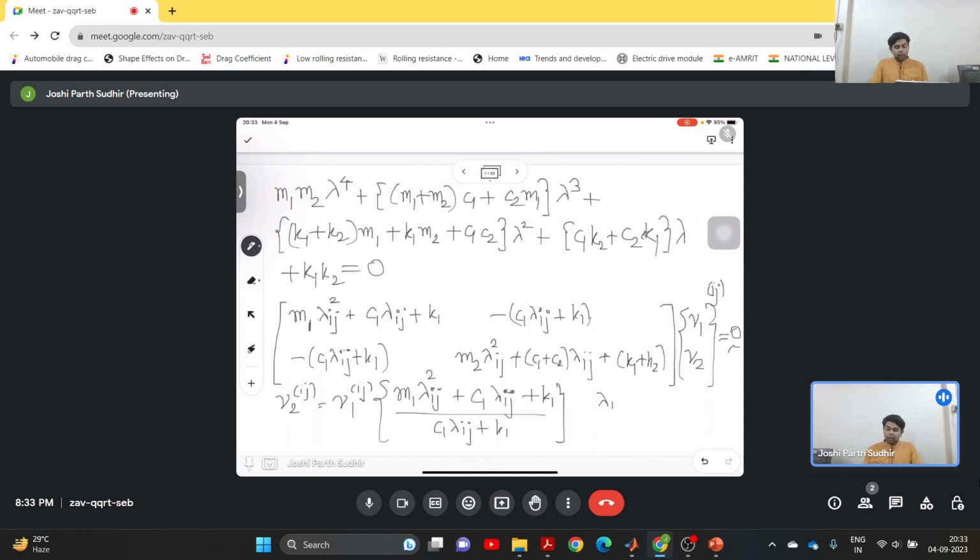Where lambda ij are the eigenvalues, and ij can take the values 1 and 2. So these are the eigenvalues.